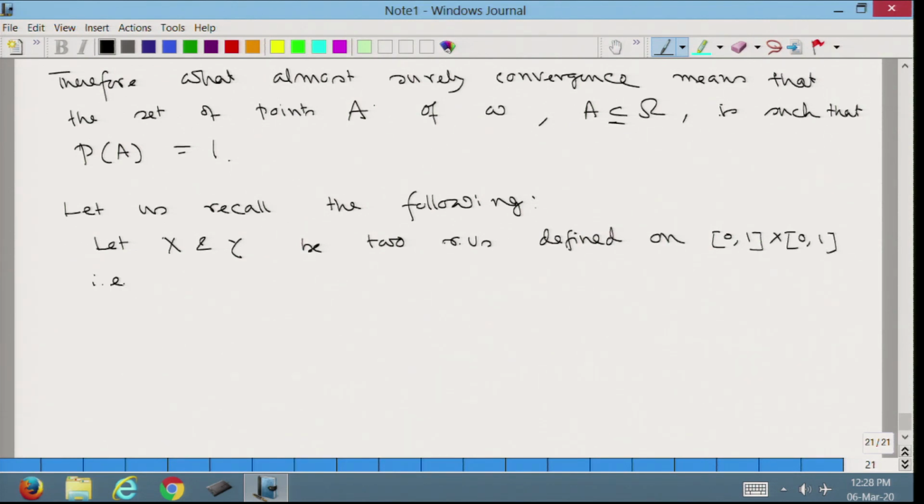That is, we are looking at points belonging to the unit square.